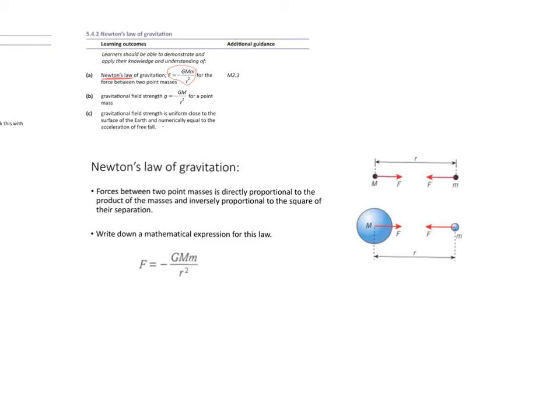But the idea is that since each object creates its own gravitational field, the interaction of these fields gives rise to forces between the objects. So if we look at this image here, we have 2 point masses, point mass capital M and then point mass lowercase m.